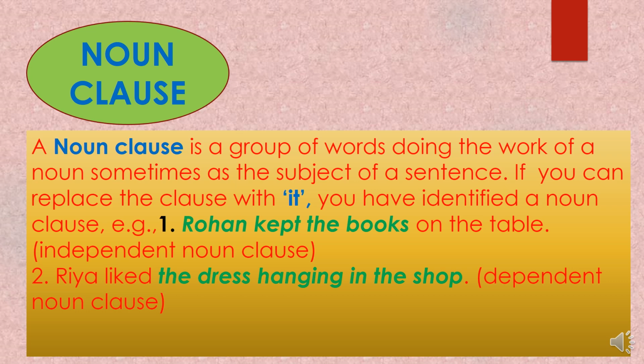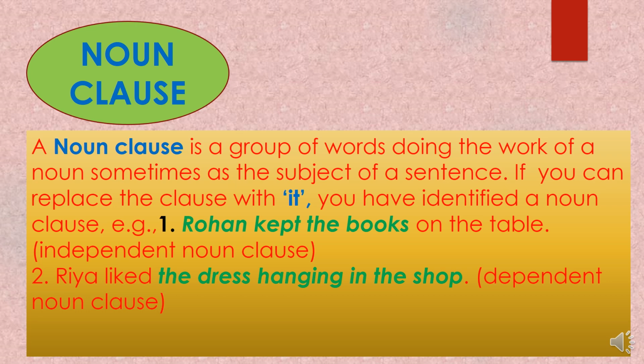Second example: Riya liked the dress hanging in the shop. Why is it a dependent noun clause? The first one was an independent noun clause because it has the subject and the verb and it was alone making sense. It was alone a sentence and it can be replaced by "it". Now the second: Riya liked the dress hanging in the shop.